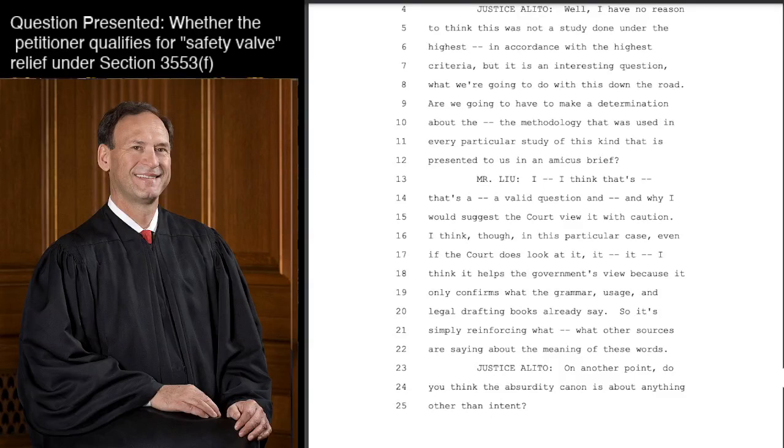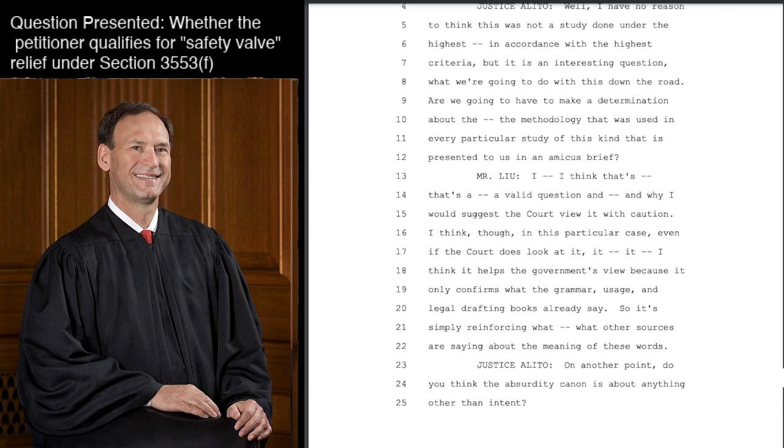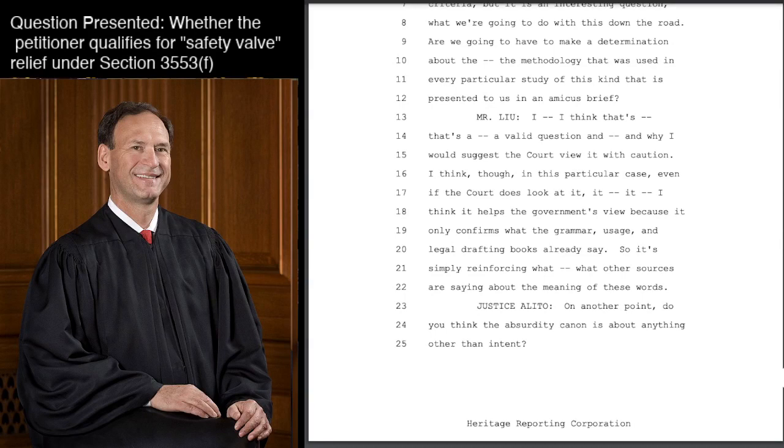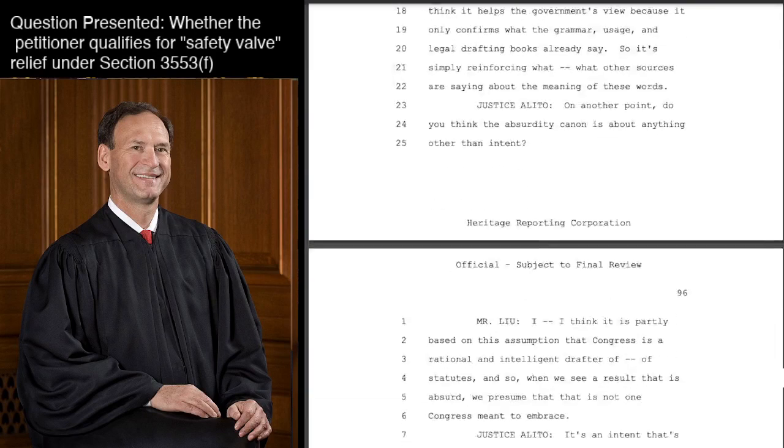I think, though, in this particular case, even if the court does look at it, it helps the government's view because it only confirms what the grammar, usage, and legal drafting books already say. So it's simply reinforcing what other sources are saying about the meaning of these words. On another point, do you think the absurdity canon is about anything other than intent?